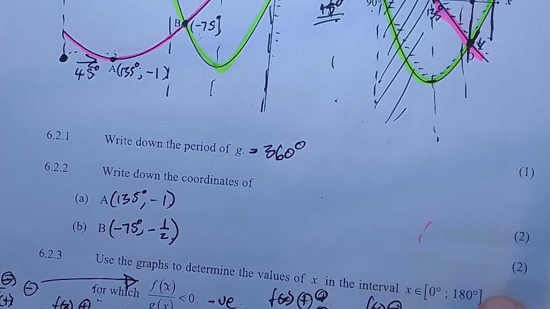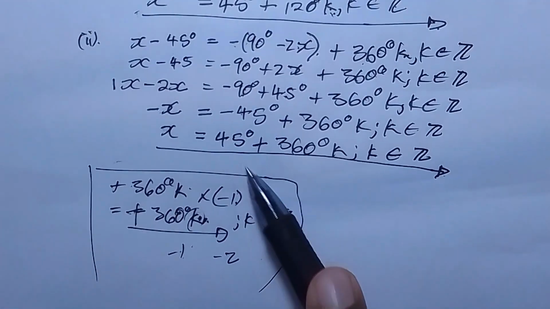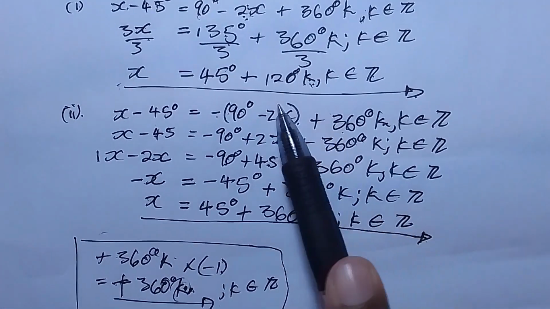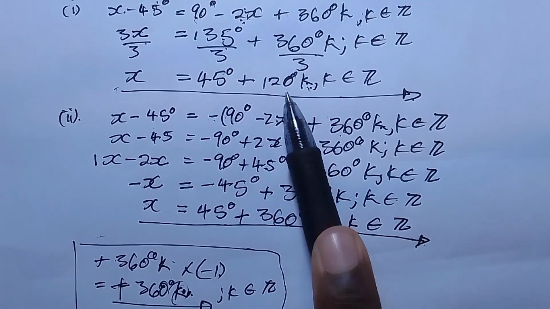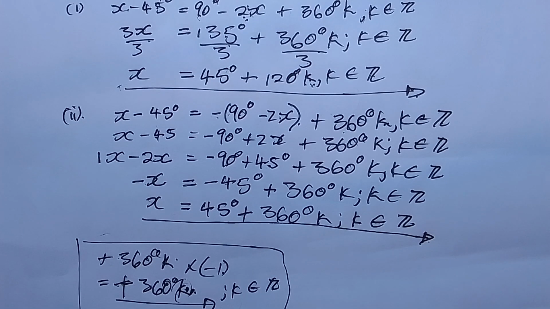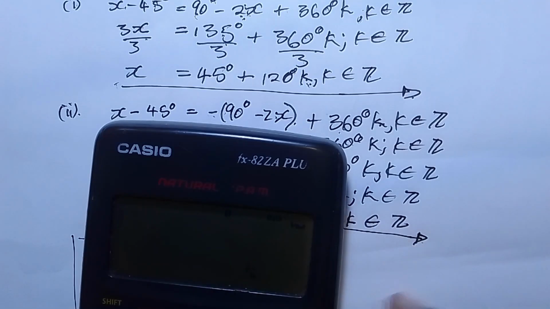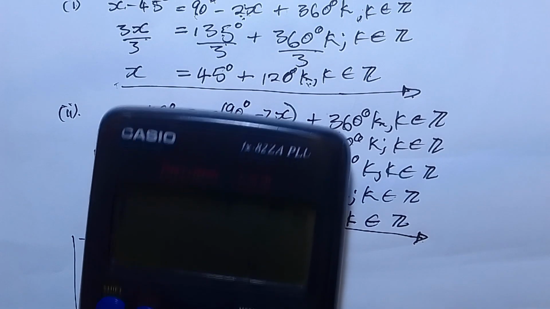We are going to use our general solution, the one we found before. Oh yeah, here it is. We'll use this general solution because it is the general solution for the intersections of the two functions. So if we substitute different values of k, we should get the value of k at that point.